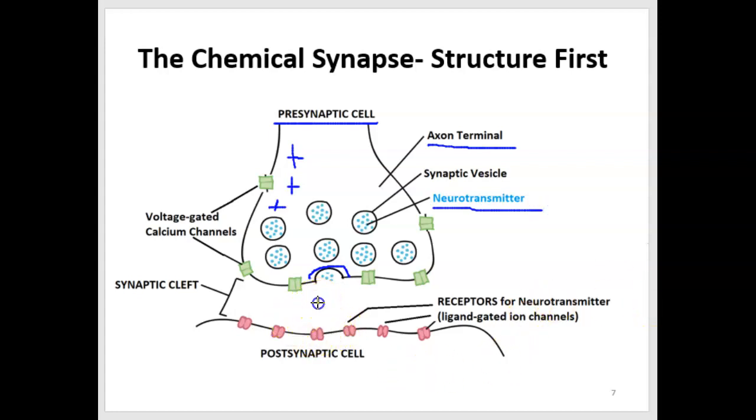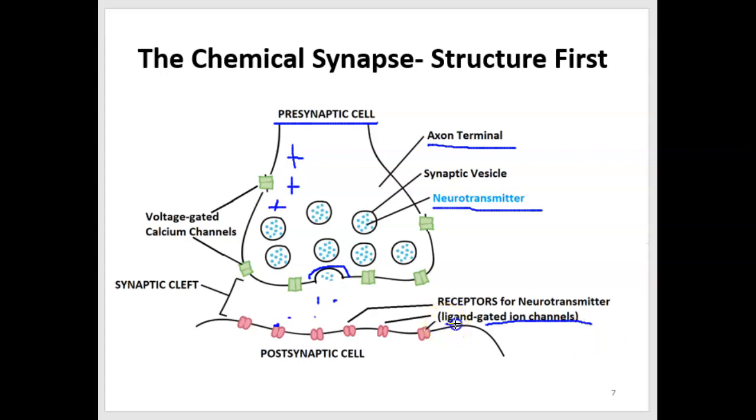And then that neurotransmitter diffuses across the cleft, and it binds to a receptor on the postsynaptic cell. Now that will frequently open up an ion channel. This isn't the only thing a neurotransmitter can do, but it's one of the things.